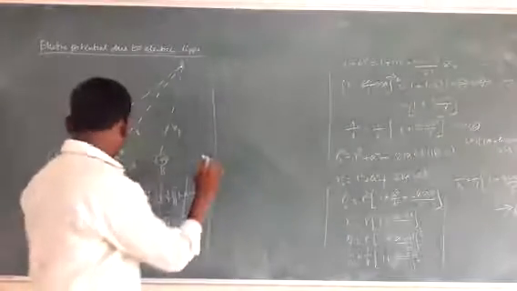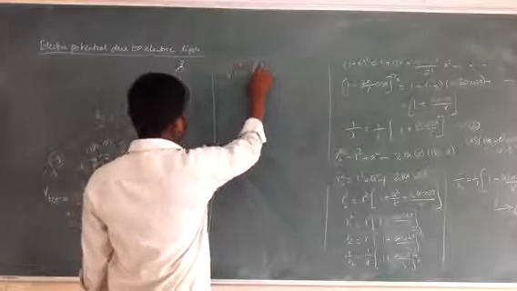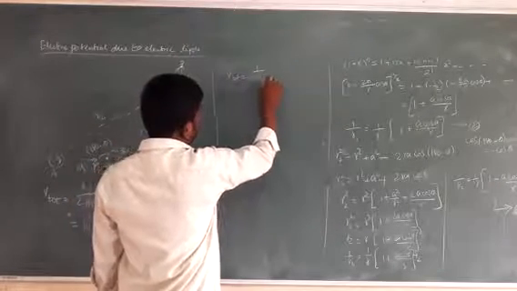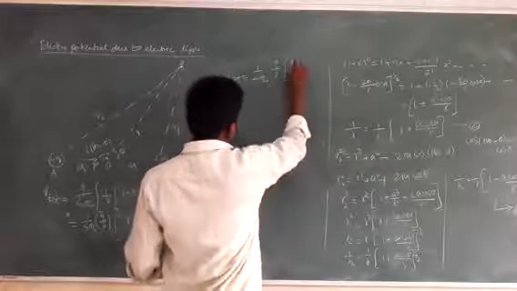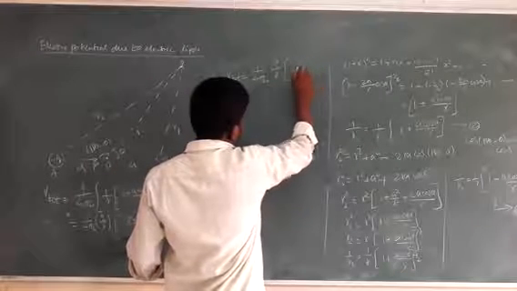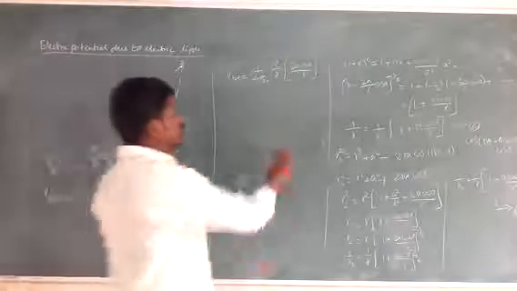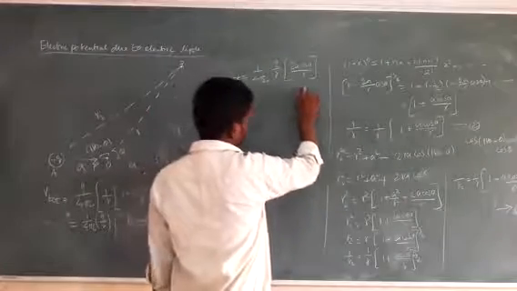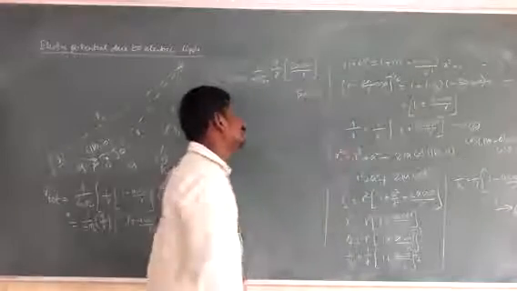So final V total is equal to 1 by 4 pi epsilon naught q by r into 2a cos theta by r. So electric dipole moment P vector is equal to one of the charge into the distance between the two point charges.